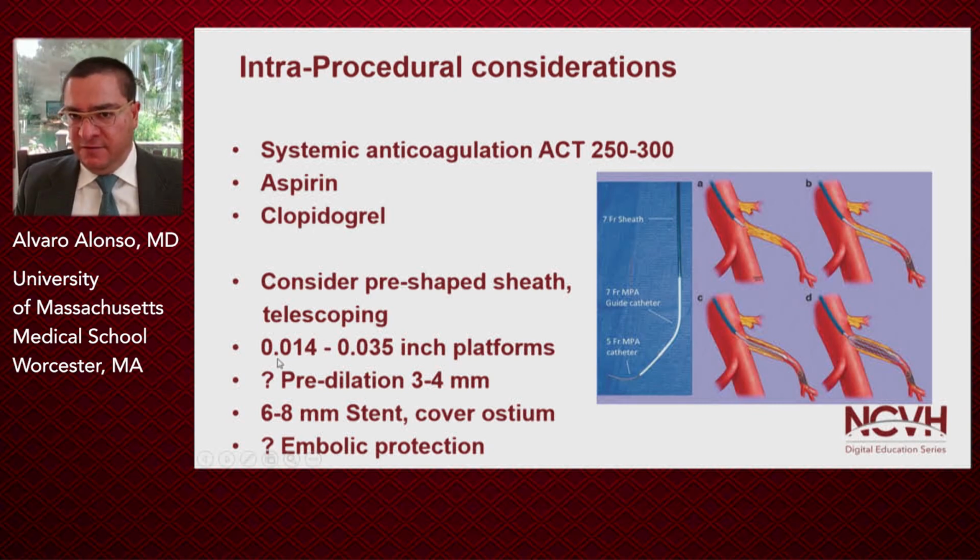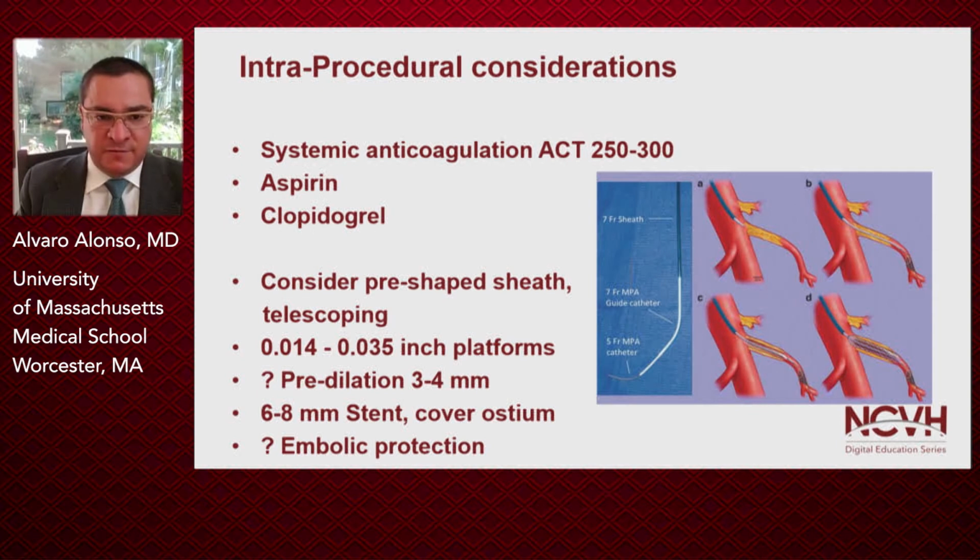Operators use anything from a 0.014 inch to a 0.035 inch platform. It doesn't really matter as long as you have supportive equipment and supportive wires that will allow you to deliver your equipment. Some people stay away from pre-dilating the vessels as an attempt to minimize embolization.